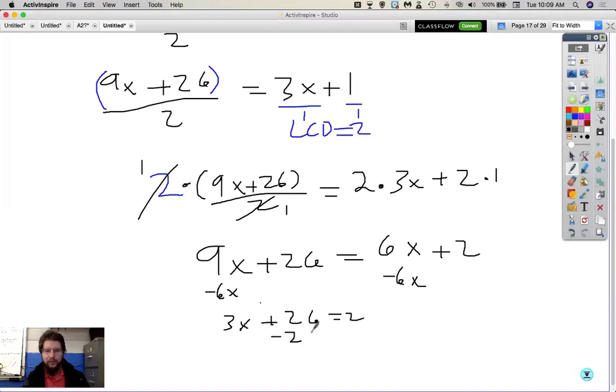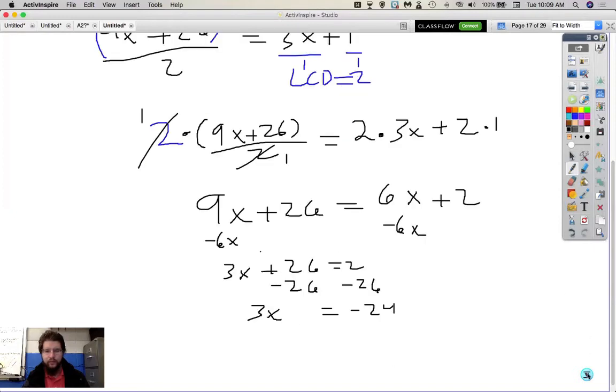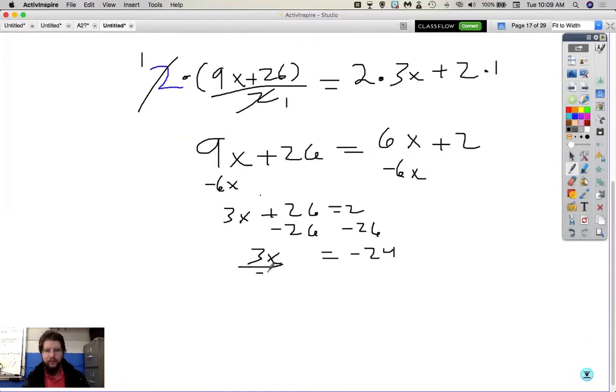I need to subtract 26 from both sides to get rid of that. 26 minus 26 is 0, nothing, nada. So it's just going to be 3x plus 0, so it's just 3x equals negative 24. Divide through by 3. I get x is negative 8.